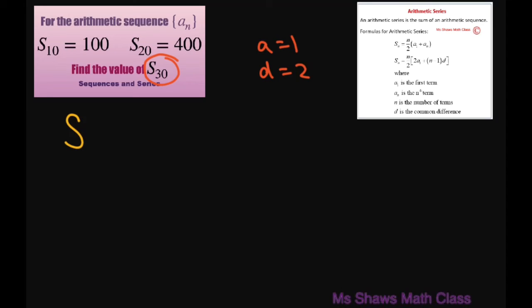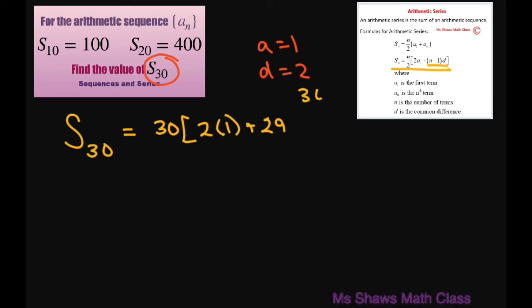So we have the sum of the first 30 terms is going to be, and I'm still using this formula, so I'm going to write it as our n is 30, and then we have 2 times a, and our a is 1, plus n minus 1, so that's going to be 29.